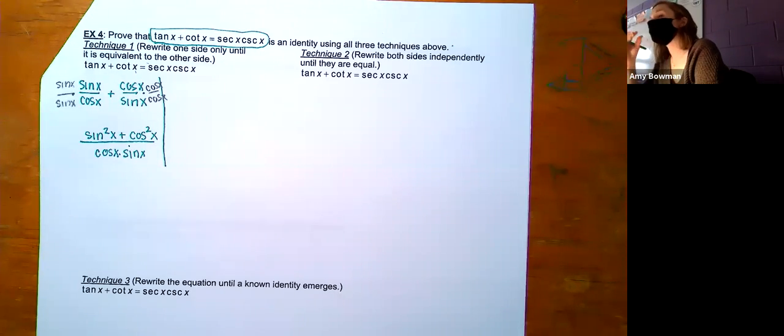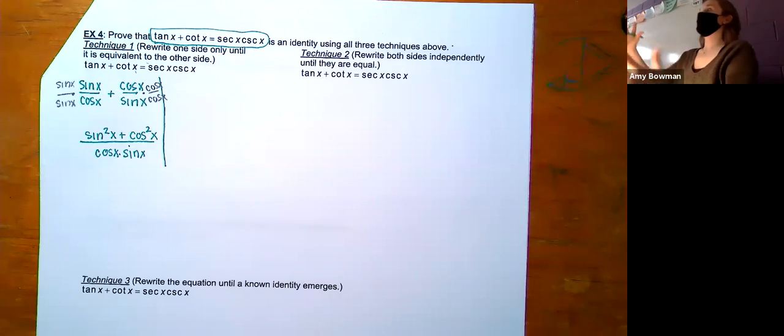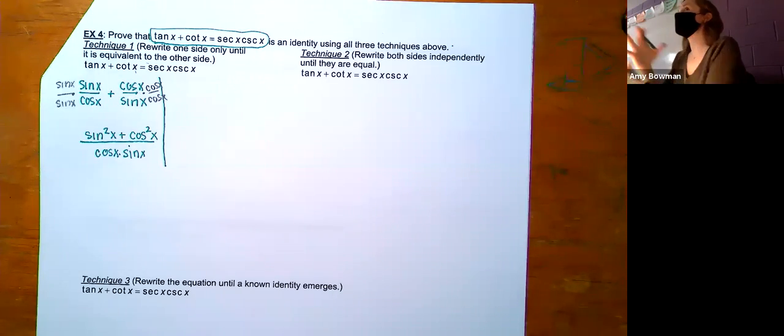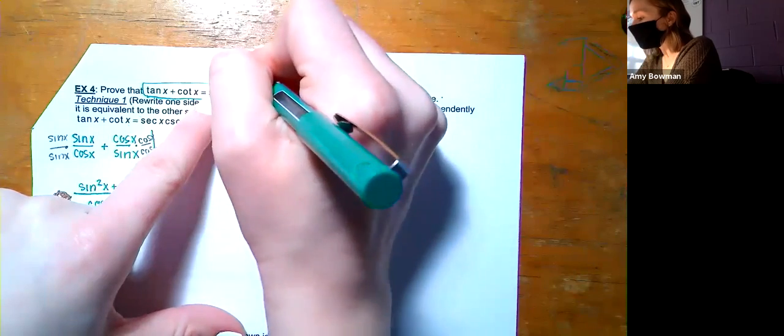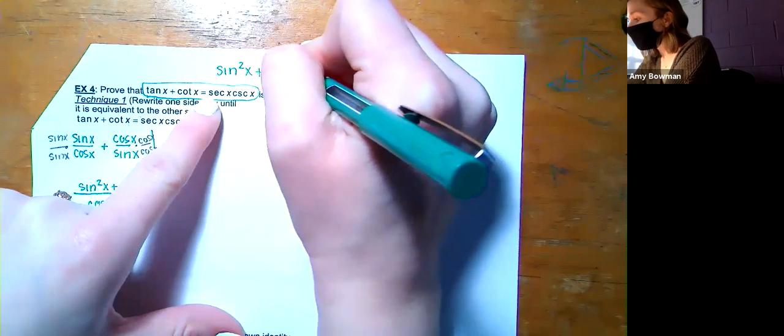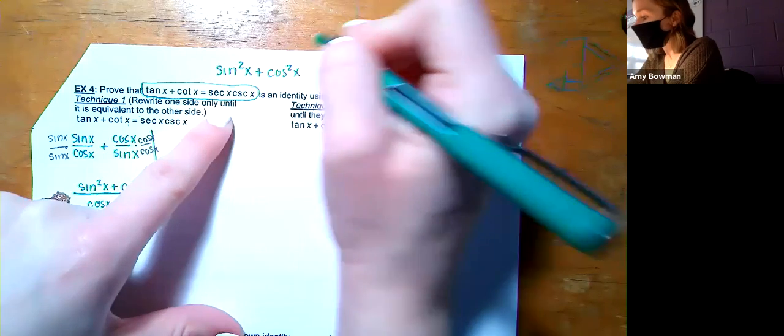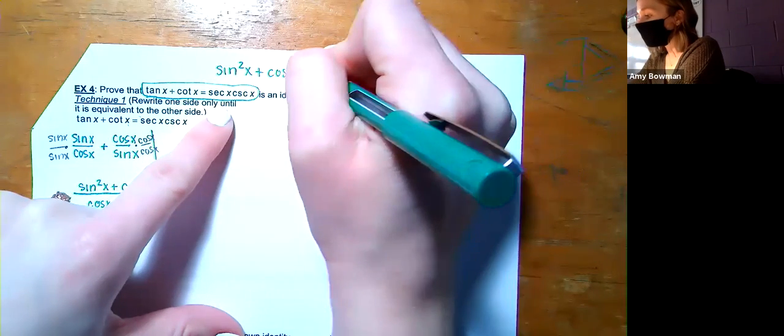You haven't trained yourself to identify this yet, but anytime you see sine squared of x plus cosine squared of x, that's a big deal. Why? The Pythagorean identity, it equals 1. That's huge. That's going to save you. That's going to be a shortcut in a lot of these. So I'm just going to put that up here because you will come to love this identity. It's going to be very useful.